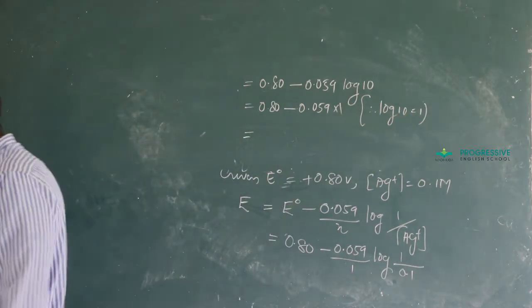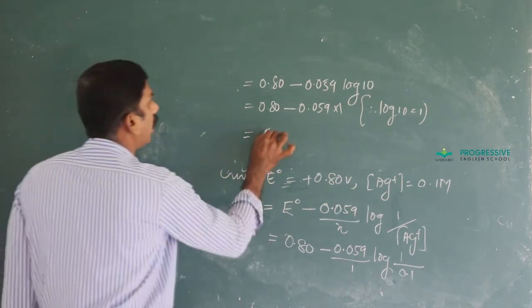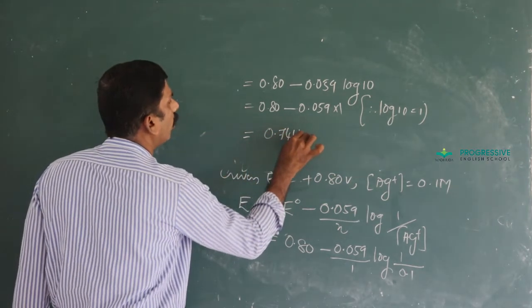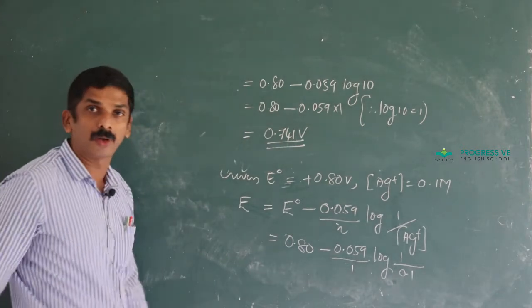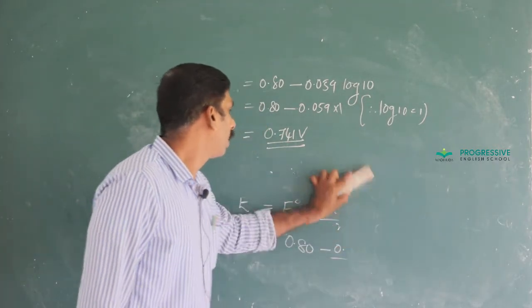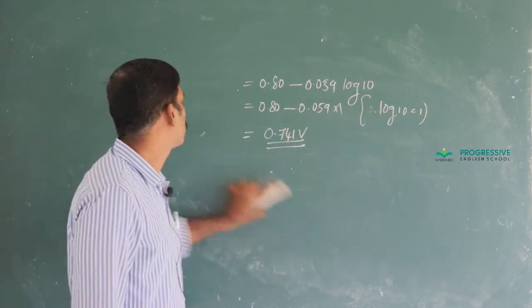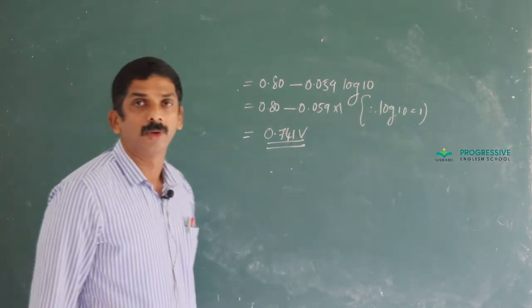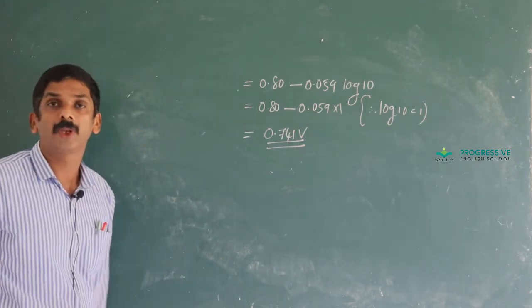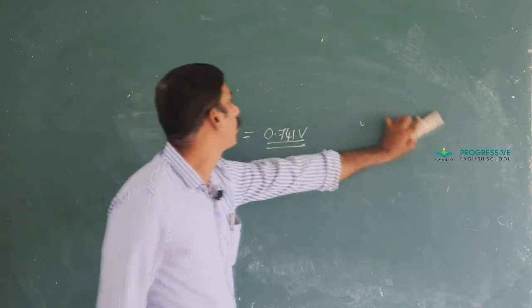And the final answer becomes 0.741 volt. This was already done in the last class, and some of you answered while finding the answer for that problem. Most of you are silent, that is why I repeat it once again. Okay, I think it is clear to you.